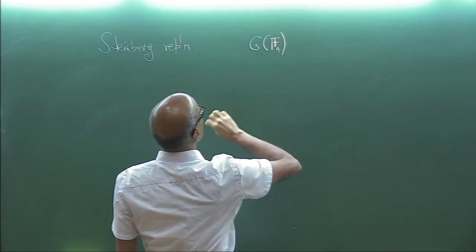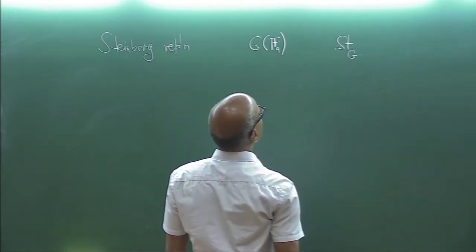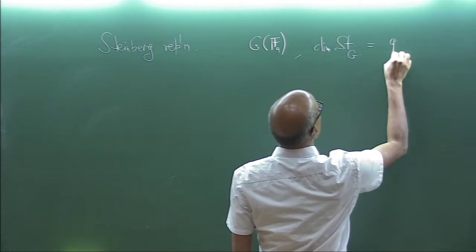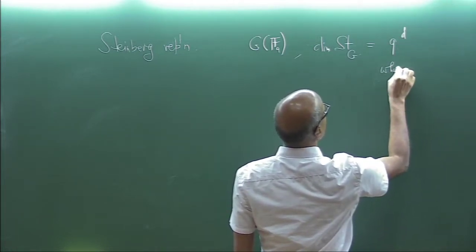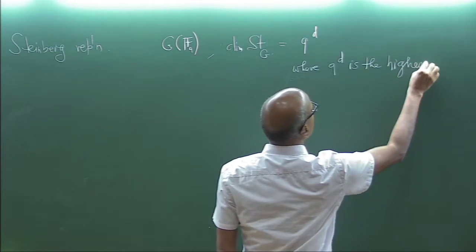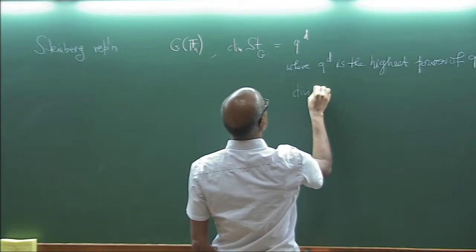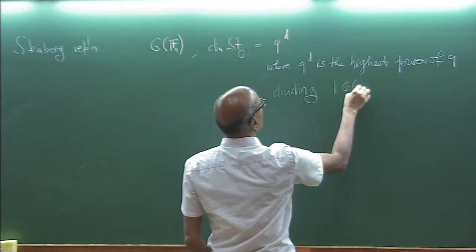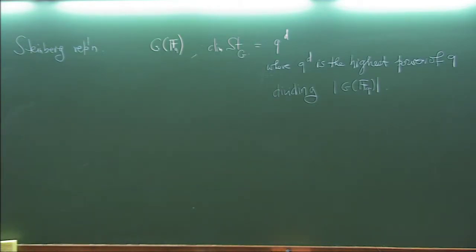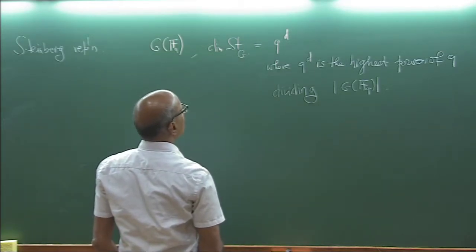One has a group like G(F_q), and you have the Steinberg representation of this group, and the dimension of this representation is equal to p to the power d, where p to the power d is the highest power of p dividing the order of G(F_q). It has some other properties, but I think this property already is very striking.